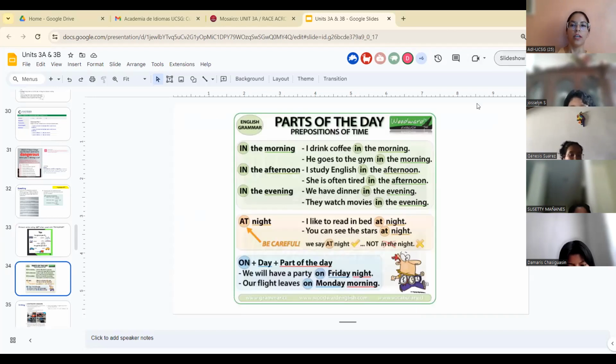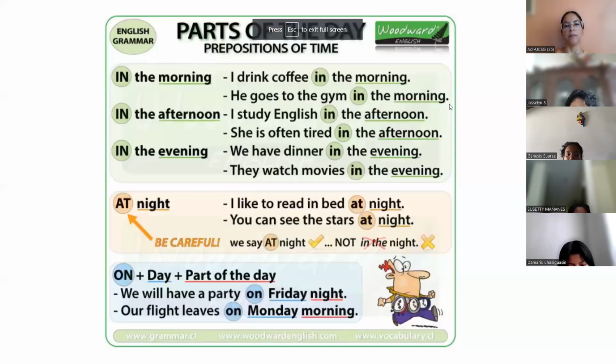What else? Okay, here it says parts of the day. Parts of the day, we have mornings, afternoons, and evenings. So the correct preposition is in the morning, in the afternoon, in the evening.